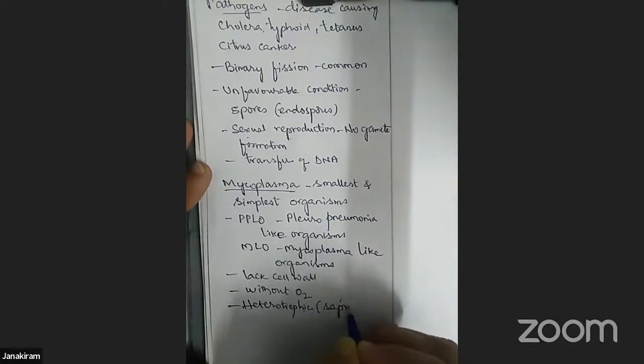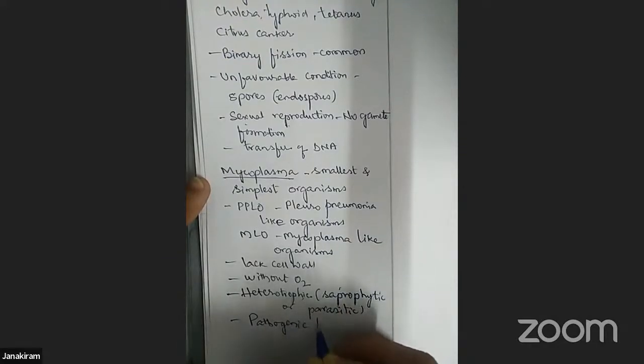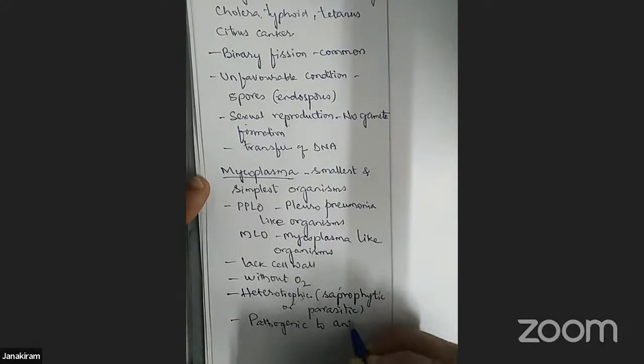And these are heterotrophic in their nutrition. Heterotrophic means, as we said, some of them are saprophytic, or some of them are parasitic in nature. Then they are disease causing. When they survive as parasites, they are pathogenic to animals and also to plants.